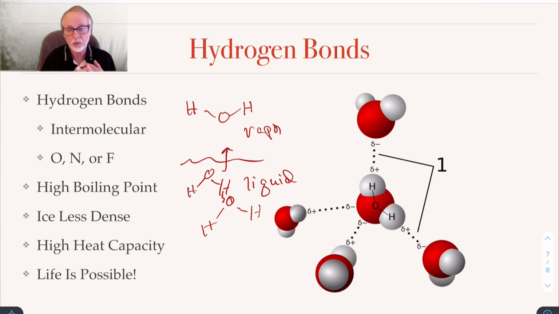We also know that the ice is less dense than the liquid, and so ice floats, right? That's very unusual. Most substances, the solid is more dense than the liquid, and the solid will sink. Ice floats. Why does ice float? The hydrogen bonding actually holds the molecules a little bit farther apart in the ice crystal.